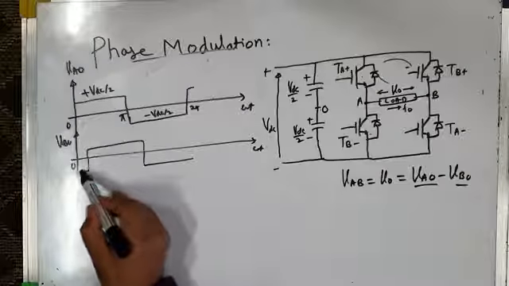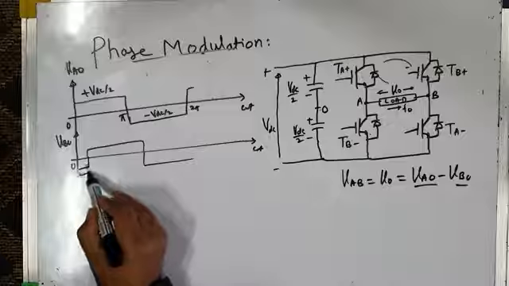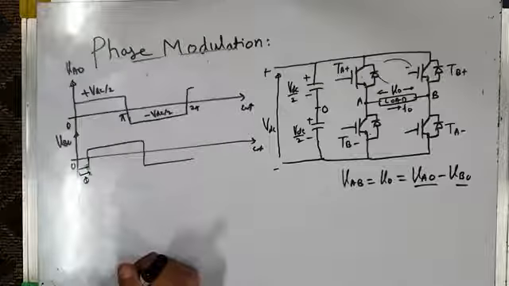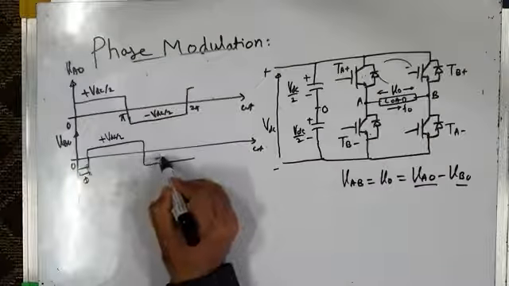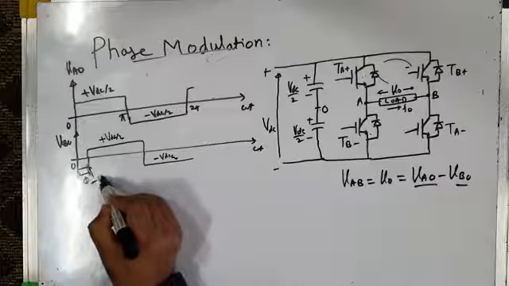I mean, this may be my phi. This is phi, the phase angle by which VBO lags behind VAO. It is plus VDC by 2, minus VDC by 2, and here also it is minus VDC by 2.